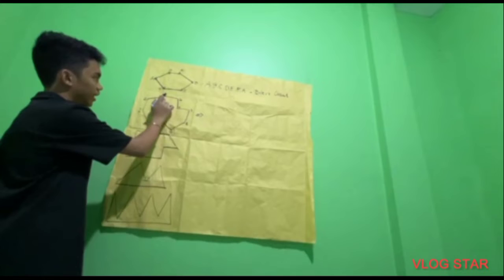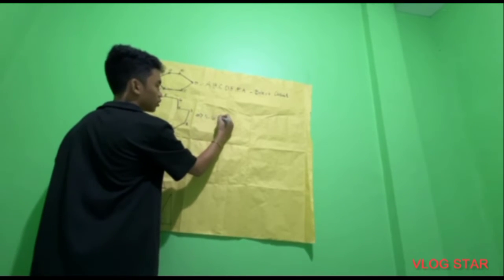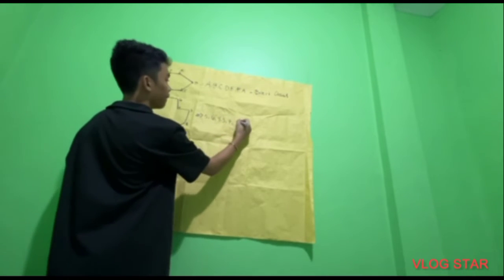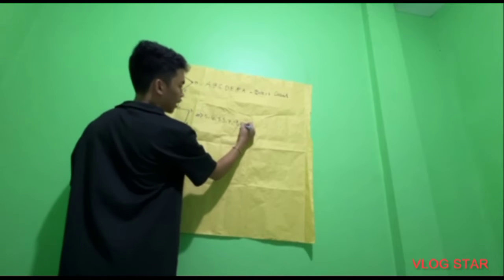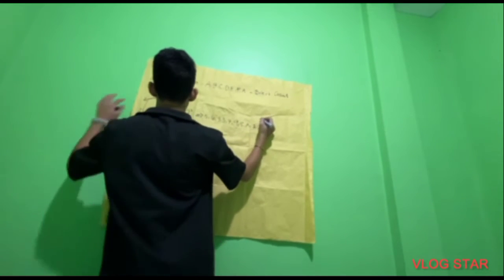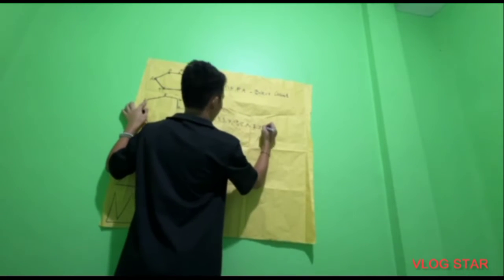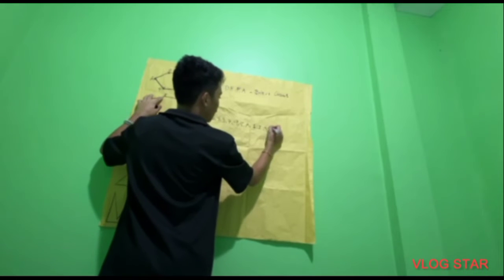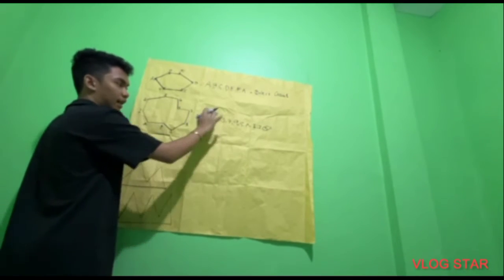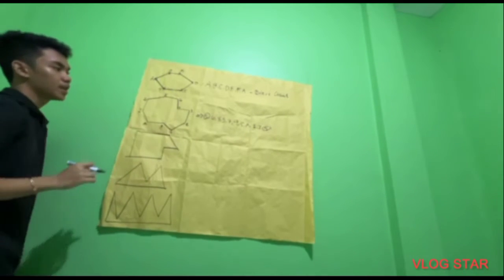So let's start here: 5 to 6 to 4, 3, 7, 9, 8, 1, and this number 2 back to number 5. So as you can see, it has the starting vertex 5 and ends with number 5.